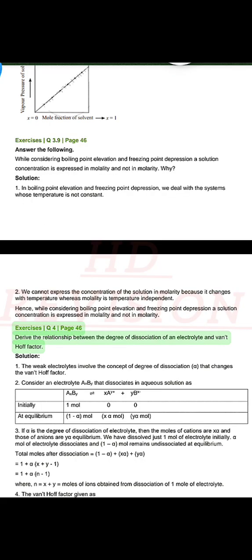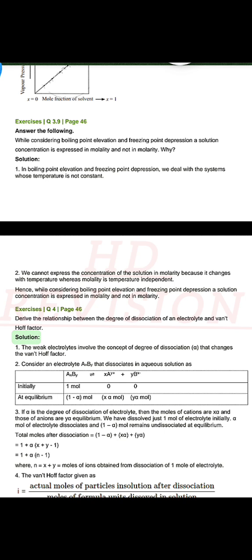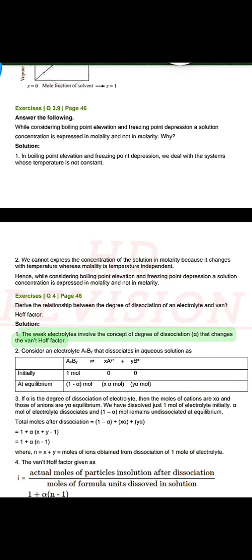Exercises Q4, page 46. Derive the relationship between the degree of dissociation of an electrolyte and Van't Hoff factor. Solution: Weak electrolytes involve the concept of degree of dissociation alpha, which changes the Van't Hoff factor.